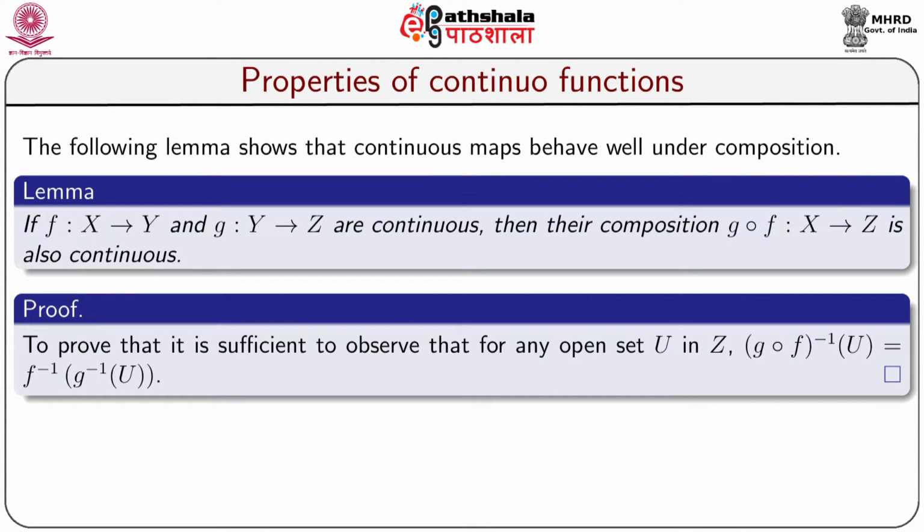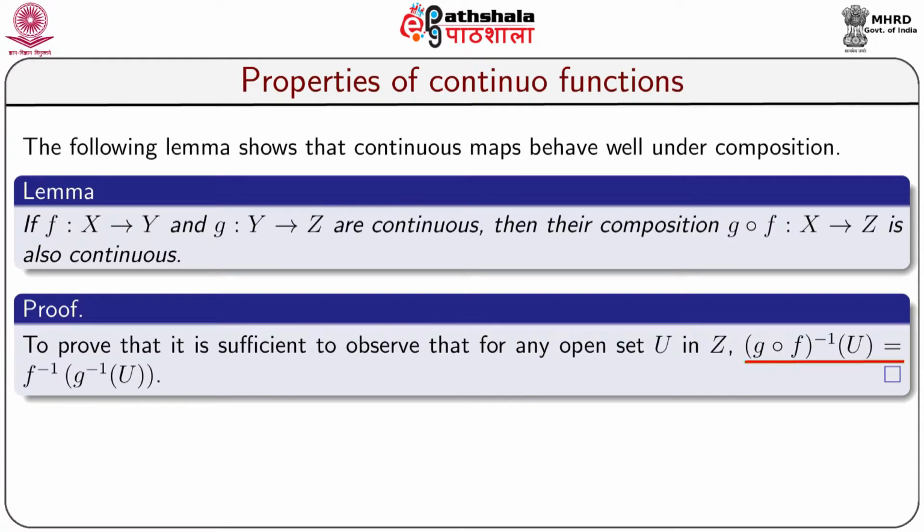Now we present some properties of continuous functions. The following lemma shows that continuous maps behave well under composition. That means if f from X to Y and g from Y to Z are continuous, then their composition g composed with f from X to Z is also continuous. And the proof is very easy. In fact, we have to show that (g composed with f) inverse U is open.